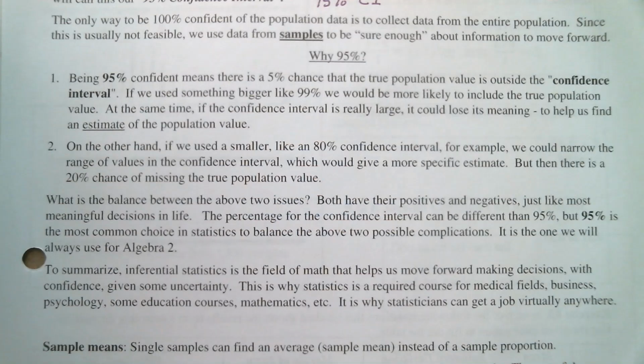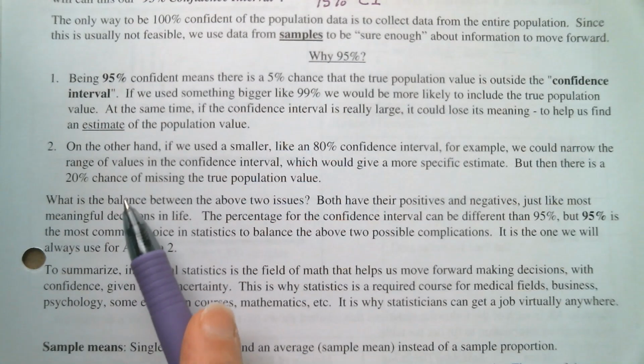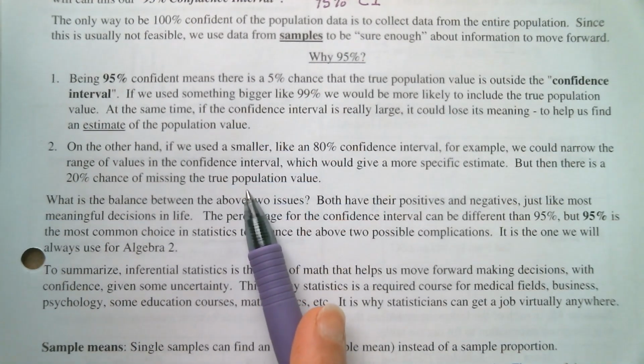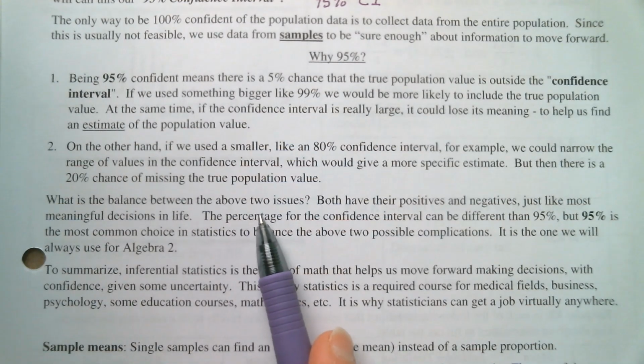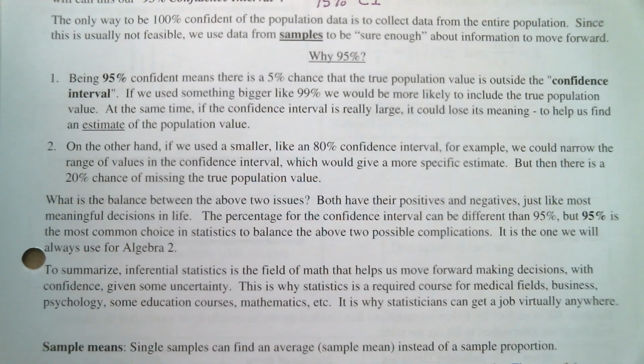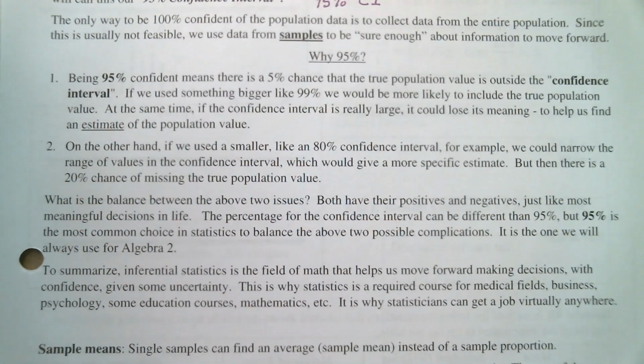On the other hand, if we used a smaller, like an 80% confidence interval, for example, we could narrow the range of values in the confidence interval, which would give a more specific estimate. But then there's a 20% chance of missing the true population value. What is the balance between the above two issues? Both have their positives and negatives, just like most meaningful decisions in life.